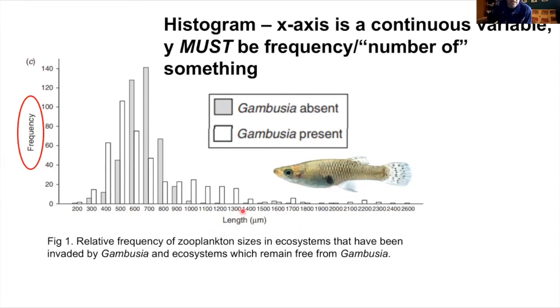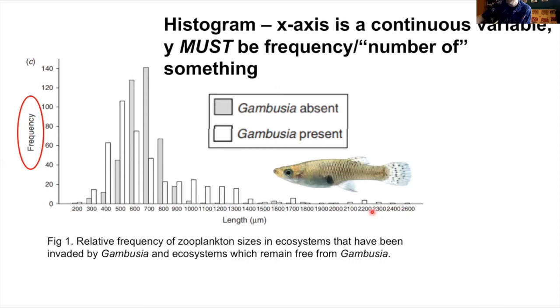And what you see is that basically when Gambusia are present, you just get a lot fewer. All of these bars are much smaller, and there's a slight shift in the distribution of the species. The crucial bit about histogram versus a bar chart: histogram must have frequency, must be continuous, not categorical.